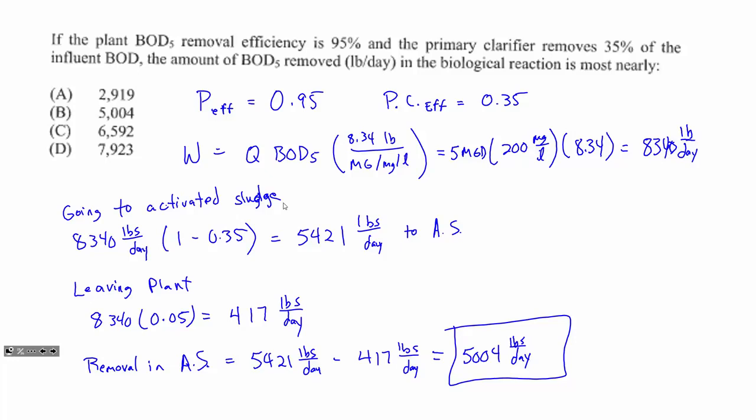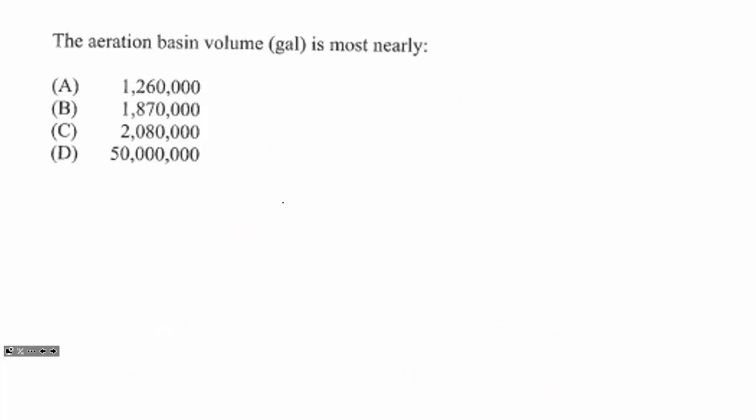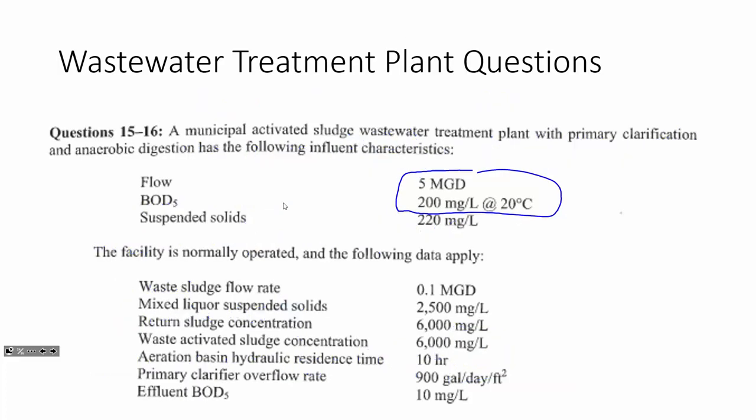All right. So moving on, last one here. It also wants us to calculate what the aeration basin volume is going to be in gallons. So here, if we go back to our original problem statement, we say that under this normal operation of the facility the aeration basin has a hydraulic residence time of 10 hours.